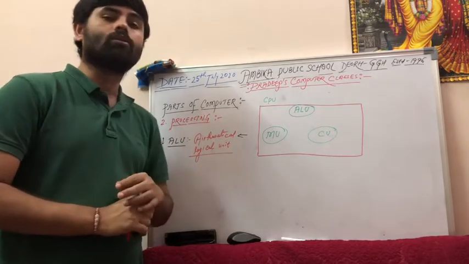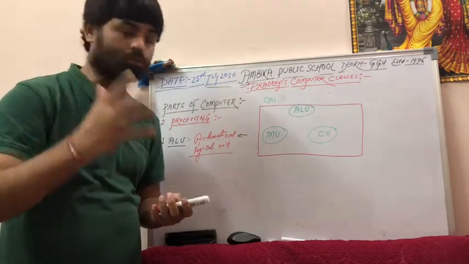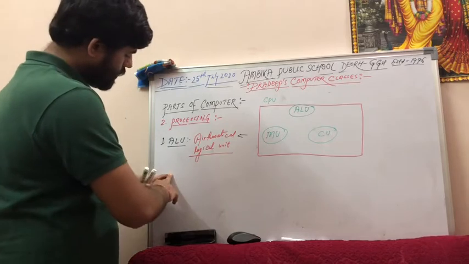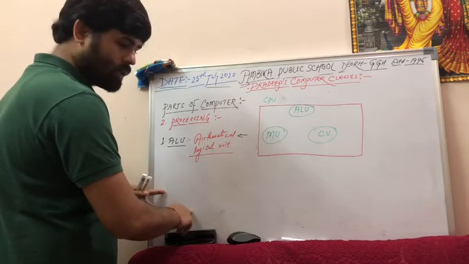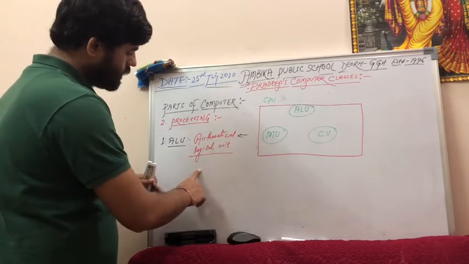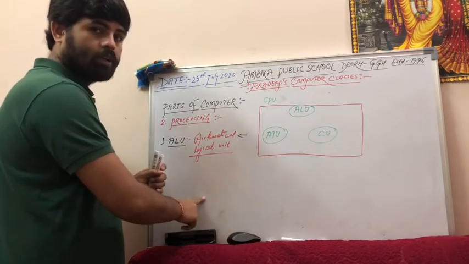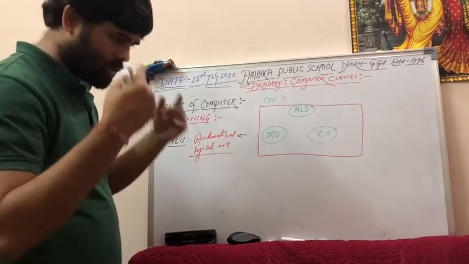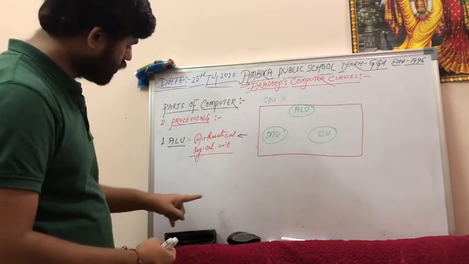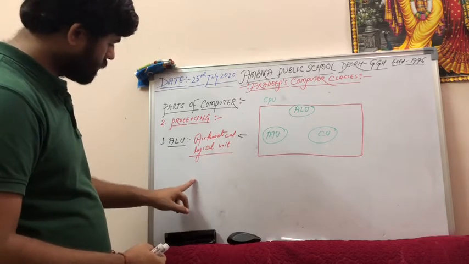So arithmetic things are done by the CPU, that is the arithmetical unit. And then the logical unit. Logical means some logic you have to use. So there I have given the name Pradeep, with marks in math, science and English, and I have said, see, if it is greater than or equal to 20, then it is pass, otherwise it is fail. How do you do the logic? Because you are a human, you are using your brain, you are using your logic. See, 20 and 10, I will compare 20 and 10.